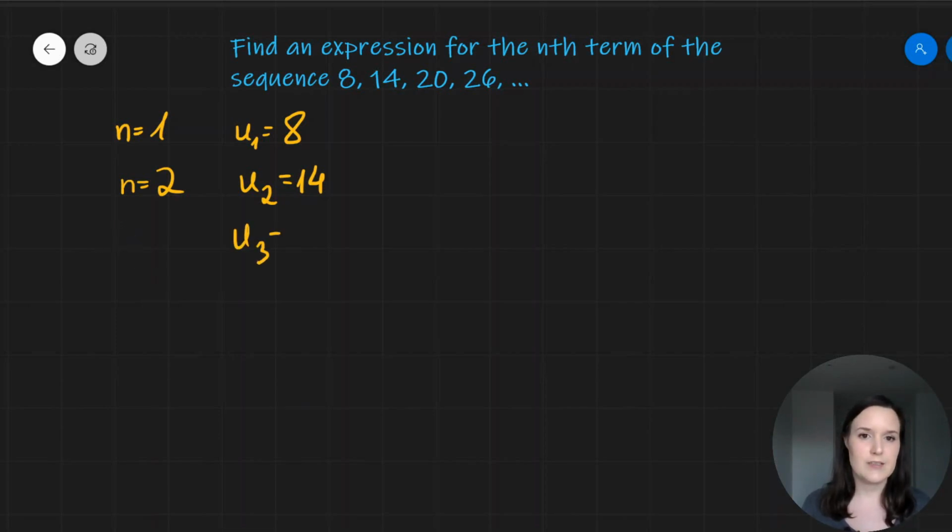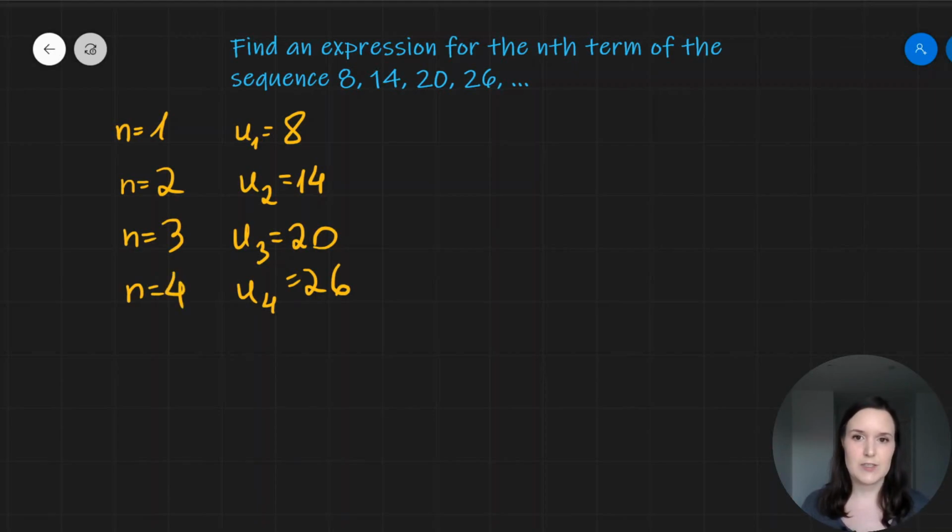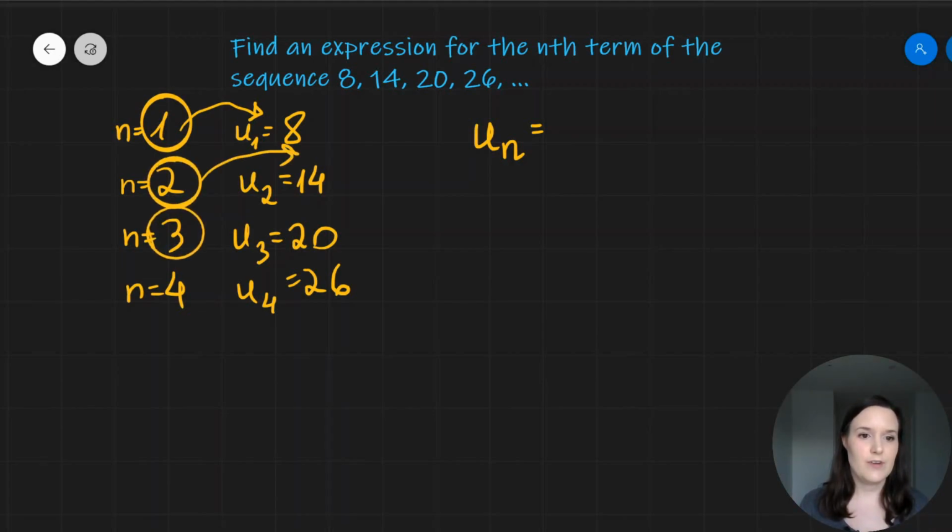So u3 is 20, and then u4 is 26. And I have to find the formula for the nth term in general. Right, so I have to find the relation here, how to get from 1 to 8, from 2 to 14, from 3 to 20, and from 4 to 26.